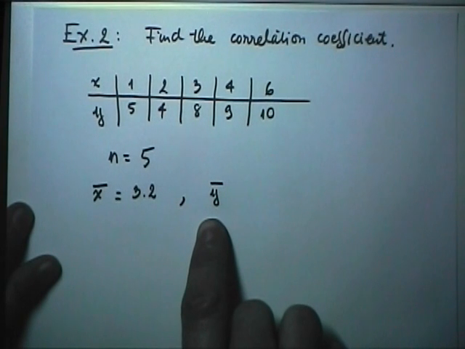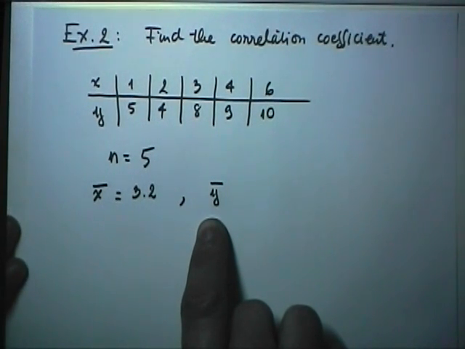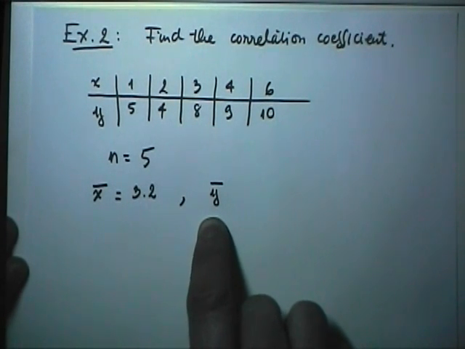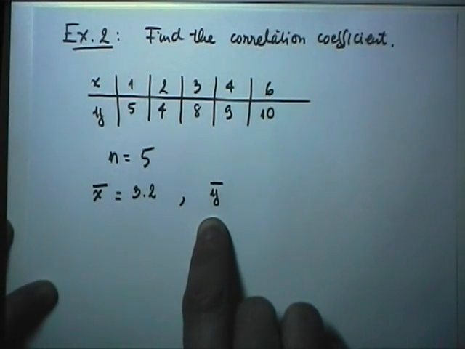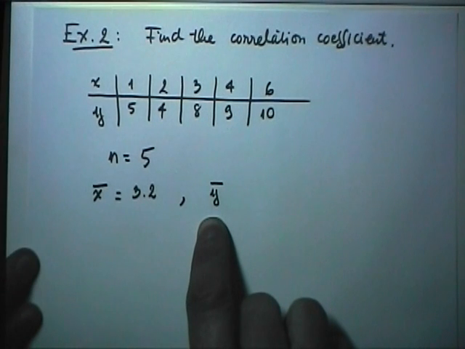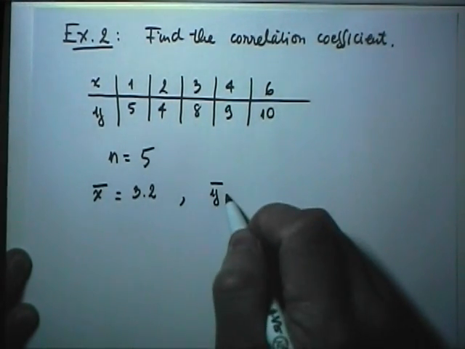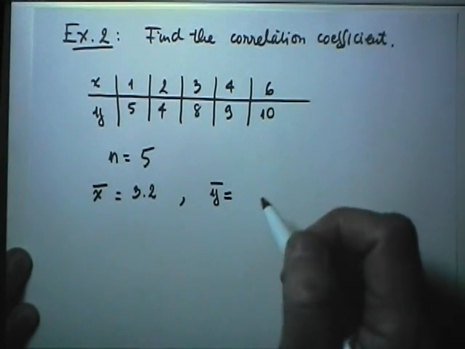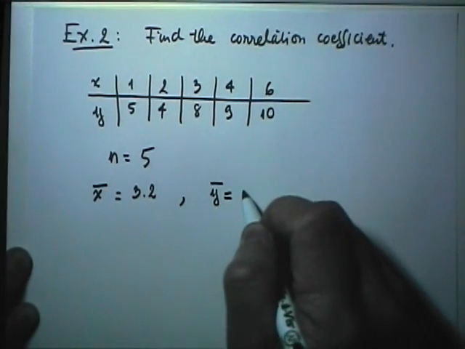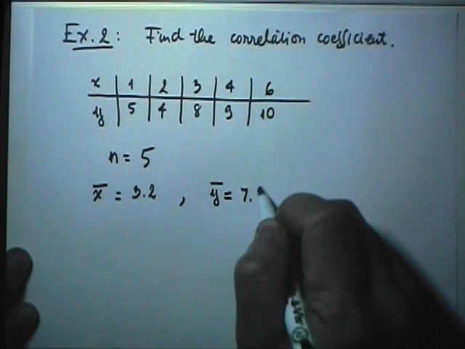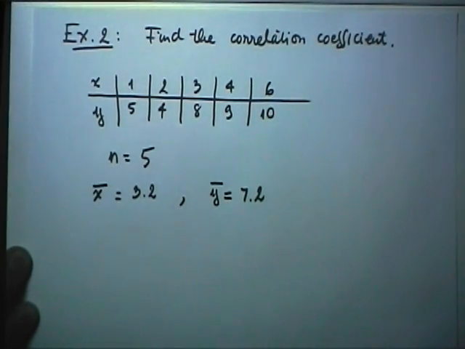Because I already have all that technology, I can get it done pretty quickly, but for you, you can just do it the same old-fashioned way I've showed you before. According to my calculations, my mean for all the y values is 7.2.